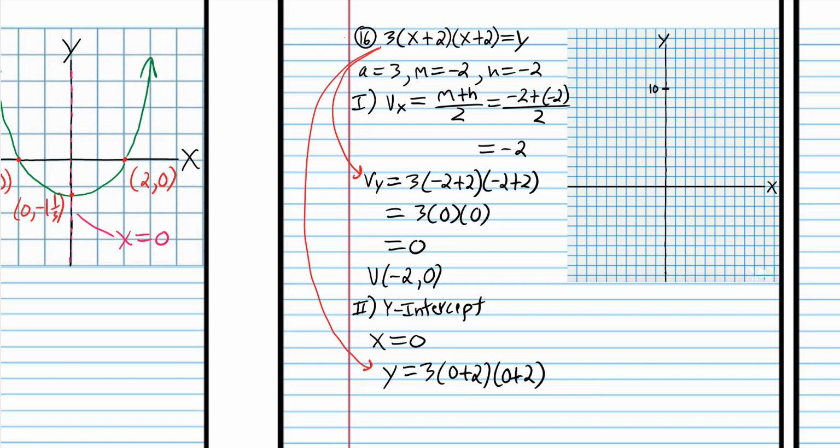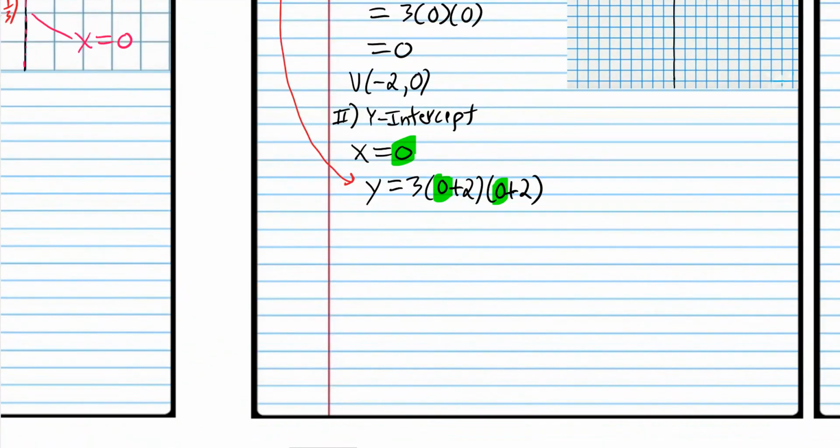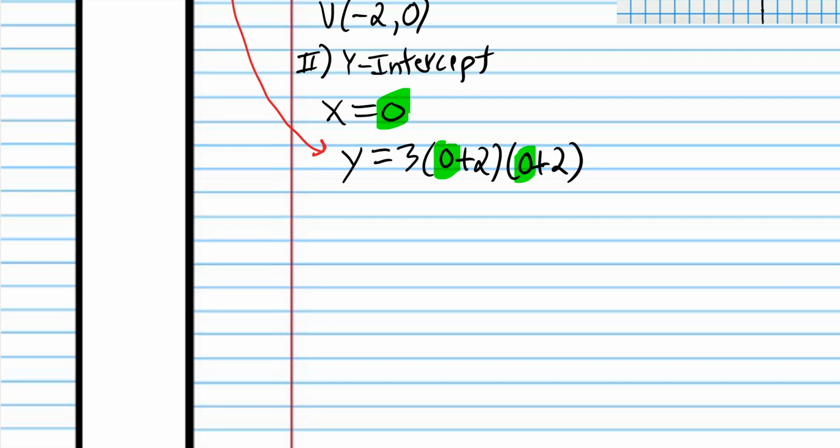And just to be clear, I got this negative 2 from there, and the 0 from here. So we have 3 times 2 times 2, which is 12. And so the y-intercept is 0, 12.